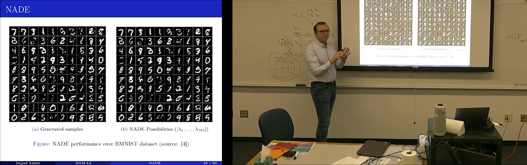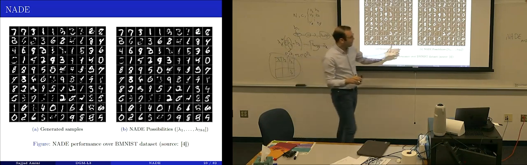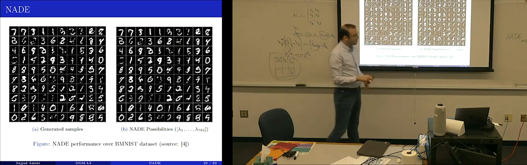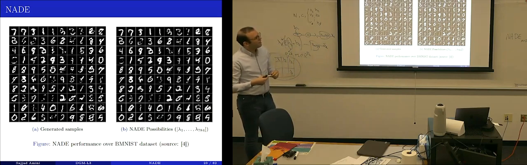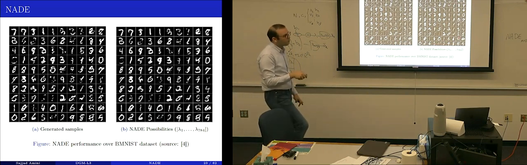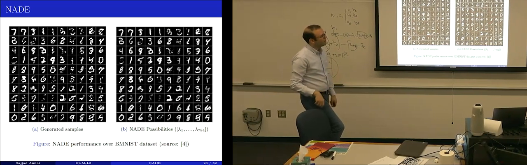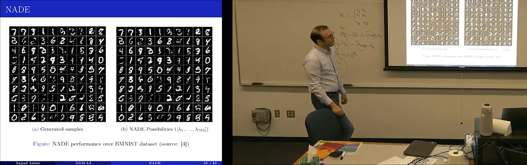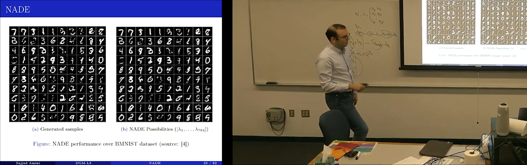It is to some extent some type of binary thresholding of a grayscale image. It is not exactly that way, because it is sampling, but you can see it in that way. And you see even some grayscale image. I should emphasize that this is not your generated samples. The generated samples are here. This is just the probability of the Bernoulli random variables, because you are working on binary MNIST.